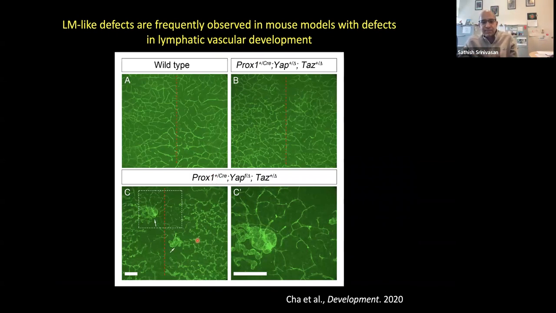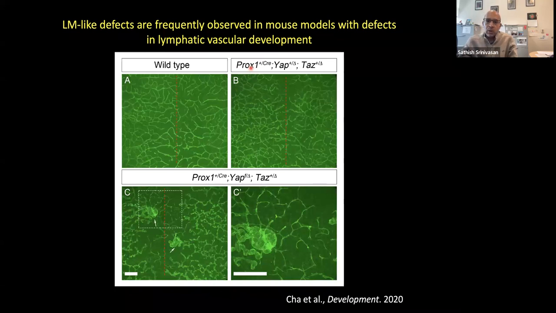But here, this is a paper that we published a couple of years back, and we found this observation which really excited me, and I contacted Mike to get his suggestion and thoughts. So we deleted YAP and TAZ in lymphatic endothelial cells using this particular Cre line called PROX1 Cre. And the catch with this Cre is that it's also heterozygous for PROX1.